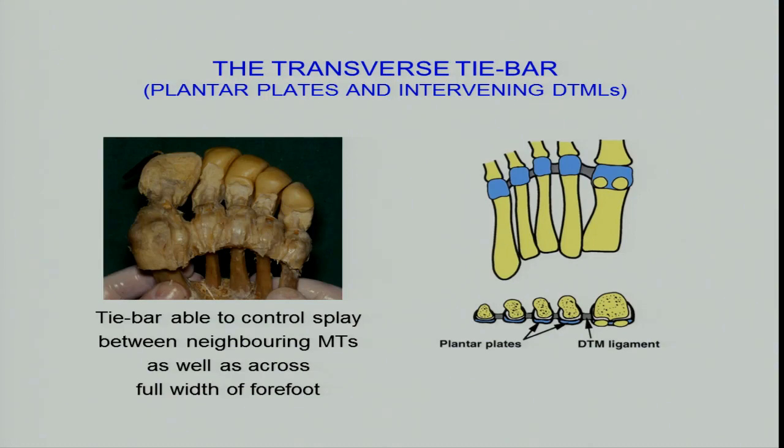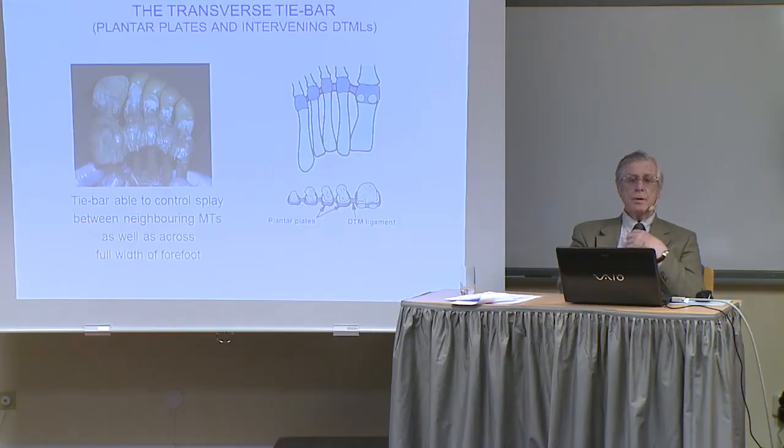Now if we leave that for the moment and just come to this transverse tie bar, because when we were investigating the transverse tie bar with dissected forefeet, we just happened to wonder what made the front of the foot stable in relationship to the rest of it.